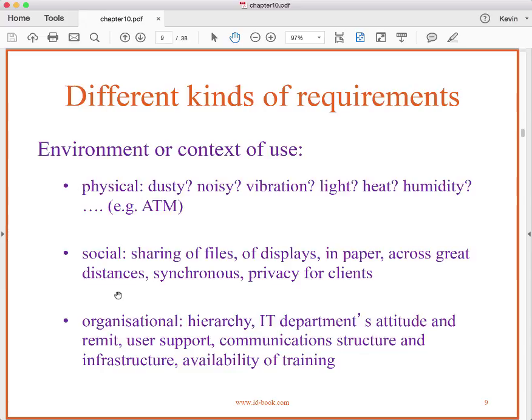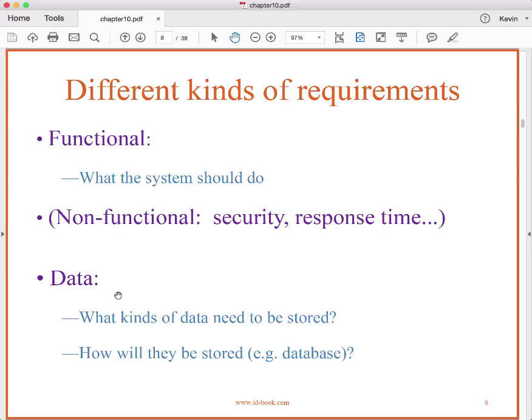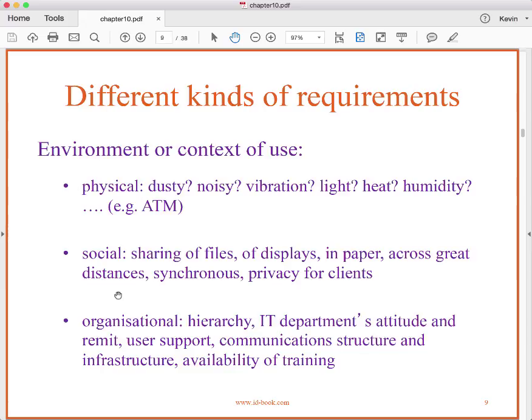Now, these questions from the slide before, which are the stuff of systems analysis, are of interest to us because these findings of systems analysis are what are going to drive our requirements, and without the requirements, we can't tell how usable a particular system is. So we need the requirements, plus we need to know things about the context.